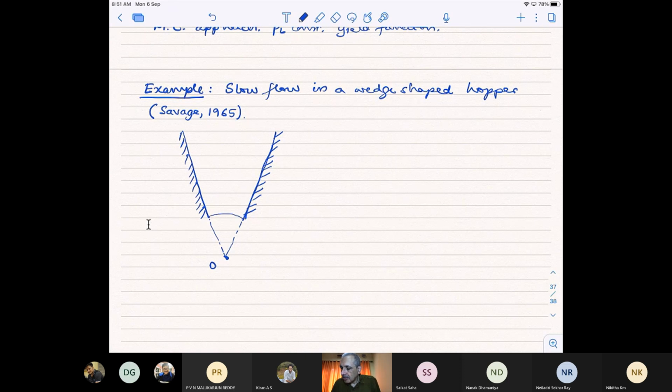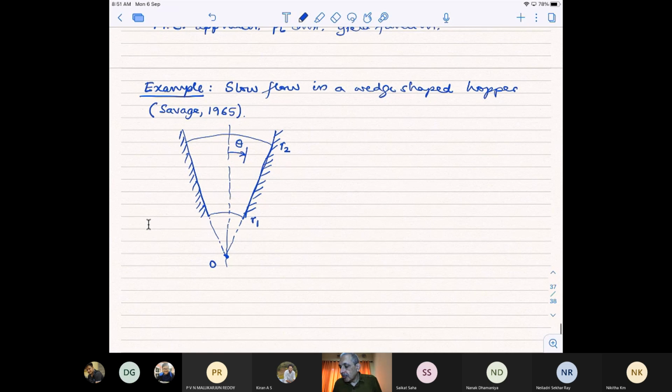We will essentially assume that the particles occupy this space where this radius is R1, and let's suppose this radius is R2. If we look at a plane that is going through the origin, this is the vertical line, then we can measure the angle from here and we call that angle theta.